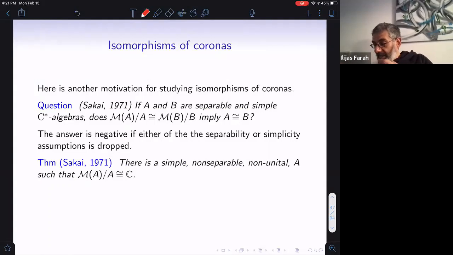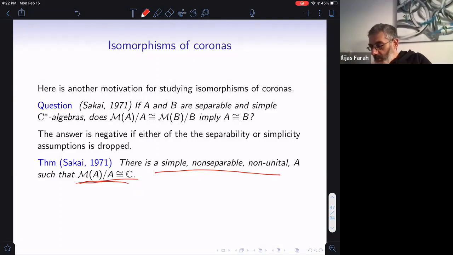So there is an example of Sakai: a simple non-separable non-unital algebra A whose corona is isomorphic to the complex numbers. The corona is obtained from a II_1 factor by taking a maximal proper left ideal of it, and the corona is just the II_1 factor again. So the quotient is just the complex numbers. Very nice proof. So in this case, there are going to be many non-isomorphic algebras like this, so the assumption is necessary.